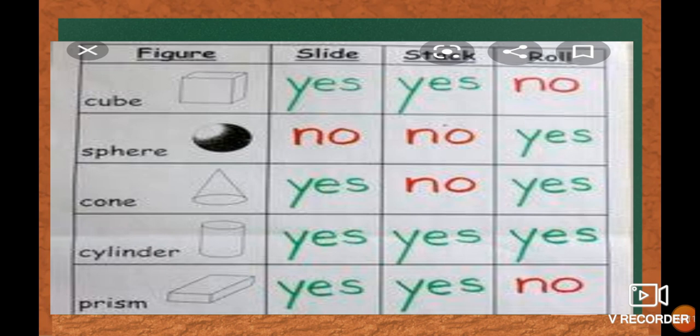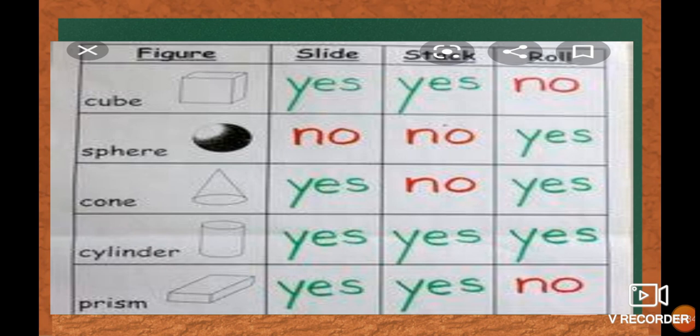Cube, it can slide, it can stack, but it can't roll because it doesn't have a curved surface. Sphere, it can't slide, it can't stack, only it can roll. Cone has both flat and curved surfaces, so it can slide as well as roll, but we can't stack it.